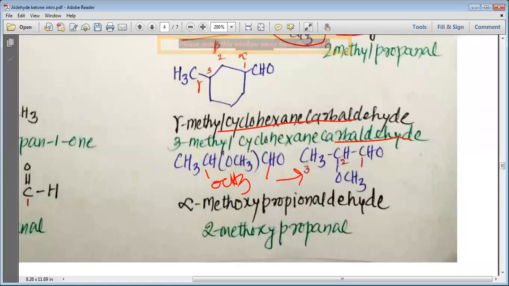So 1 carbon, 2 carbon, 3 carbon. On second carbon we have methoxy group. So it is either alpha methoxy because the carbon next to the functional group is called the alpha carbon. So it is either alpha methoxy propionaldehyde or 2-methoxy propanol.